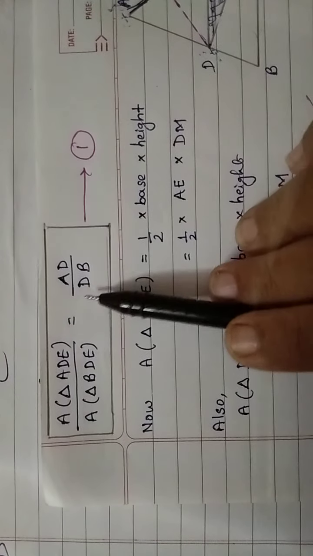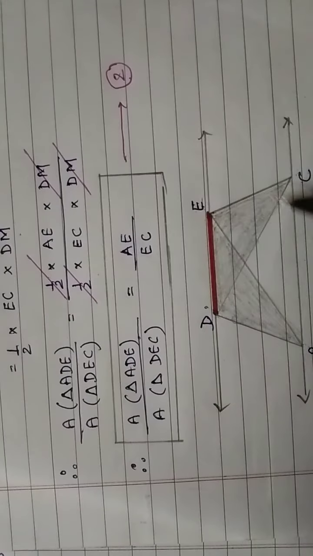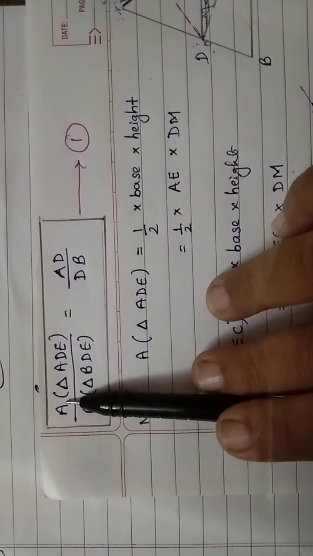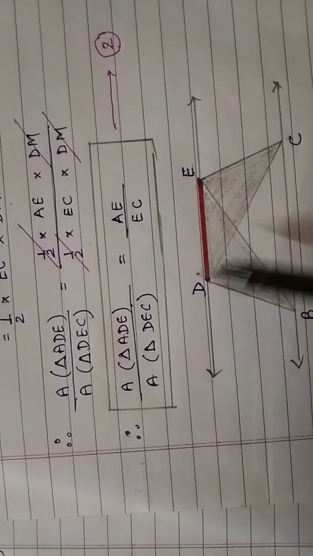What was my statement number 1? In statement 1 I had AD upon DB and in statement 2 I had AE upon EC. In statement 1 my left side numerator was ADE and in statement 2 the numerator was ADE. So the numerator of both 1 and 2 is the same. The denominator of 1 was BDE and the denominator of 2 was DEC.